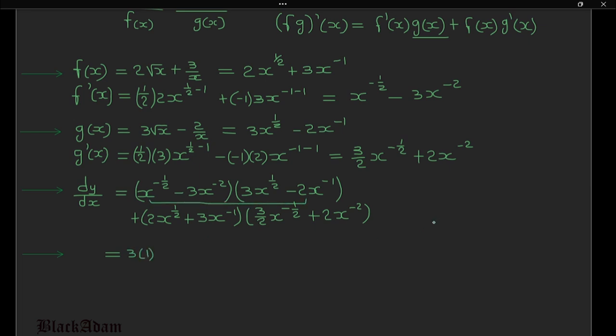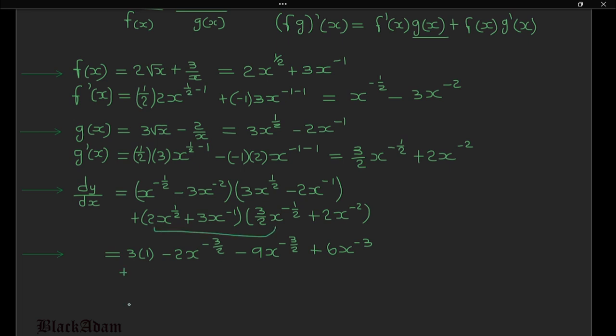That times that will give us 3 to the power 1, and then that times that is going to give us negative 2x to the power negative 3 over 2, and then that times that gives us negative 9x to the power negative 3 over 2, and that is going to give us positive 6x to the power negative 3.